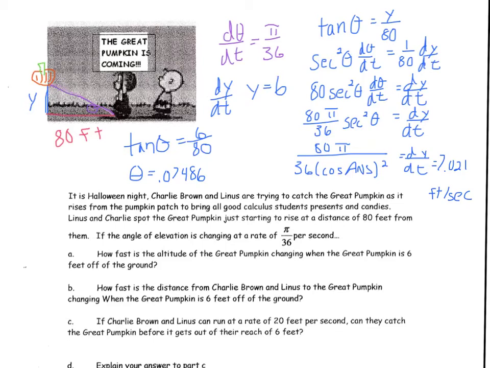In part B, we want to figure out how fast is the distance from Charlie Brown and Linus to the Great Pumpkin changing when the Great Pumpkin is 6 feet off the ground. So in order to do that, we need to find a different rate. We need to find the rate of the distance between, which I'm going to label r. So we need to solve for dr dt.